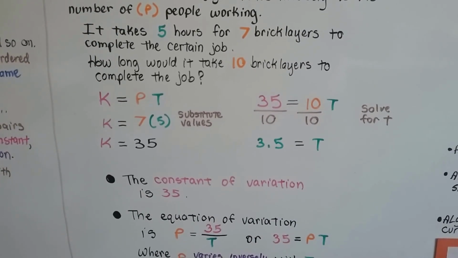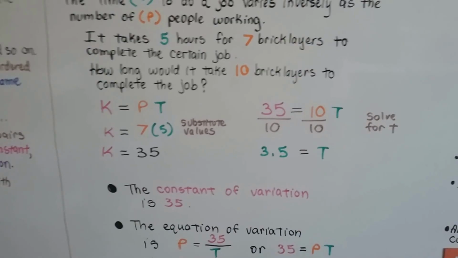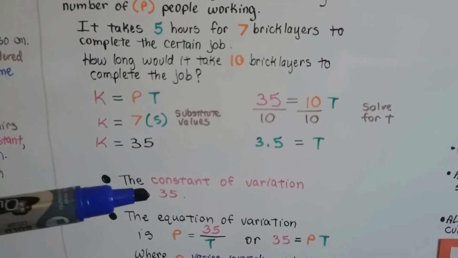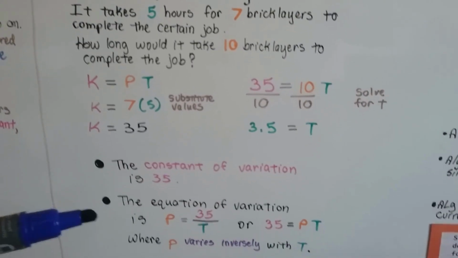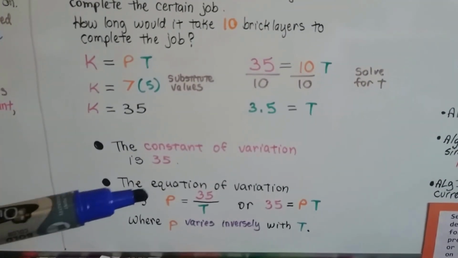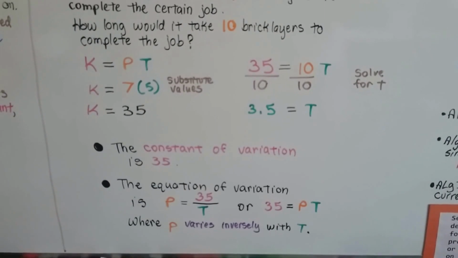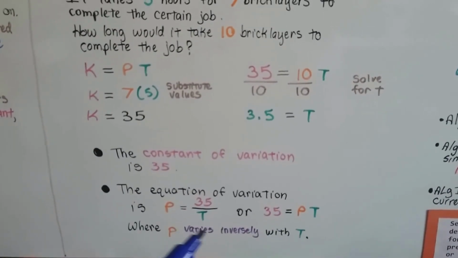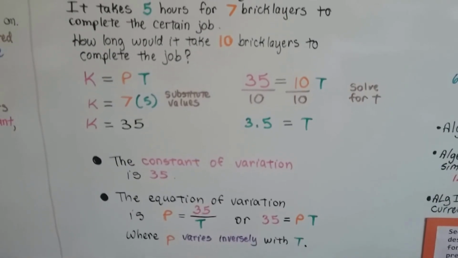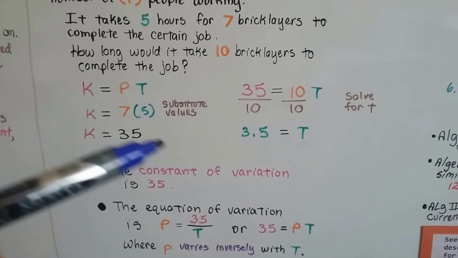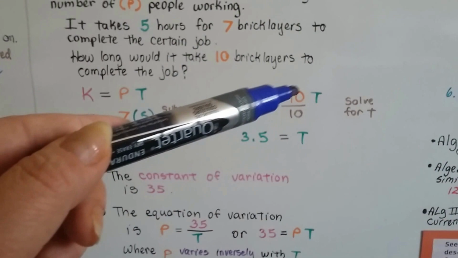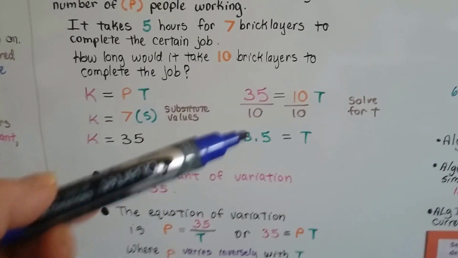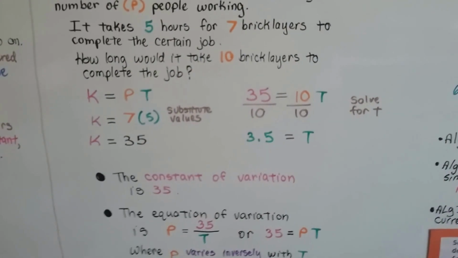Okay? They would be able to do it in 3.5 hours instead of 5 hours. The constant of variation is 35, that's our k, and the equation of variation is p equals 35 divided by t, or 35 equals p times t, where the p varies inversely with the t. So the more people we add, if we do 20, we could just keep doing it, and it'll get less and less time that it'll take, see?